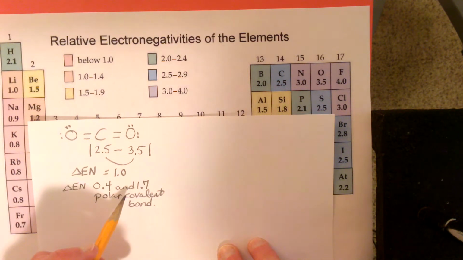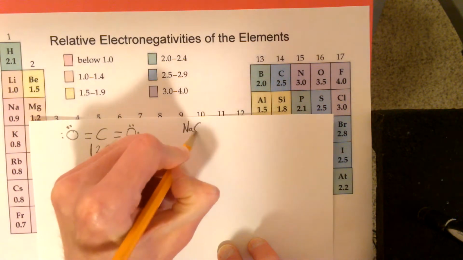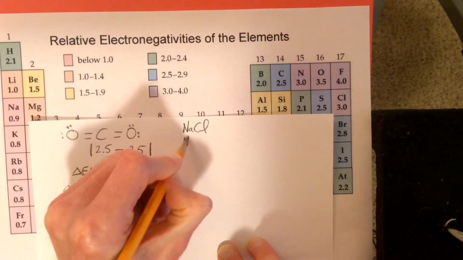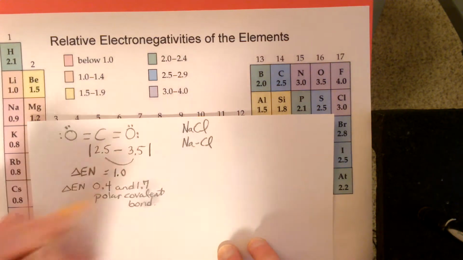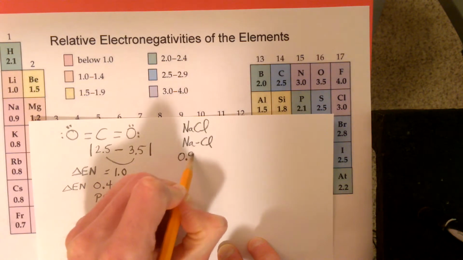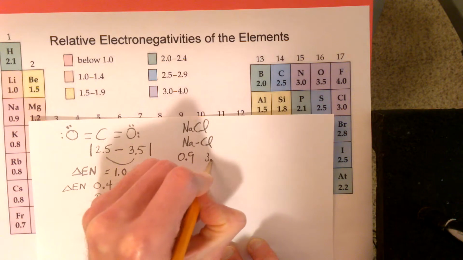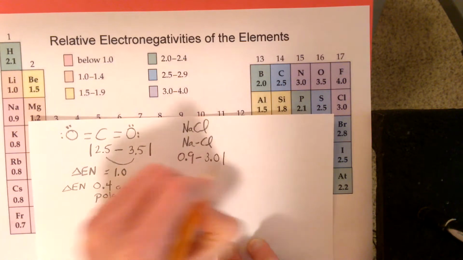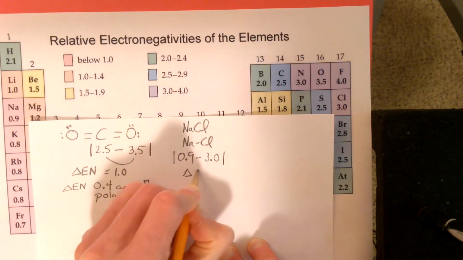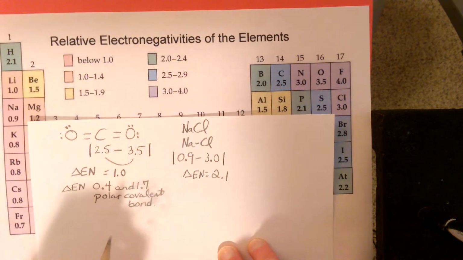Now let's take, for instance, sodium chloride, table salt. We've got the bond between those two. Sodium is a 0.9 on the Pauling scale, and chlorine here you can see is a 3.0. Let's take the absolute difference. The absolute difference is 2.1.